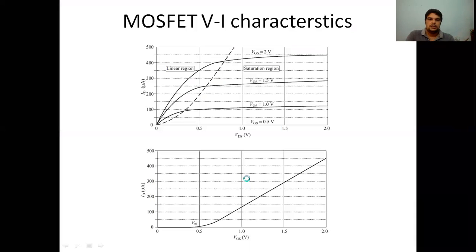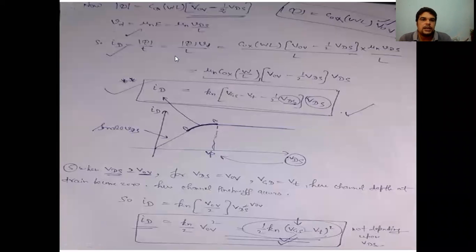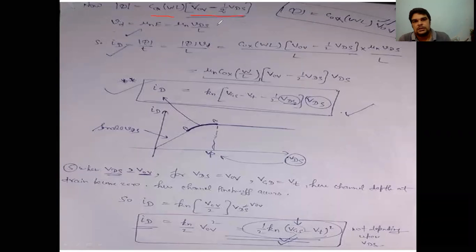Everything else will be the same. The only difference is that while calculating the charge, we will use Cox W L times (VOV minus half VDS). Previously we used only the overdrive voltage, but here we will use this. The rest of the things will be the same, and by solving this, we will get an expression like this.